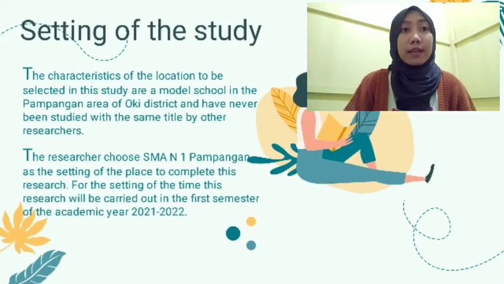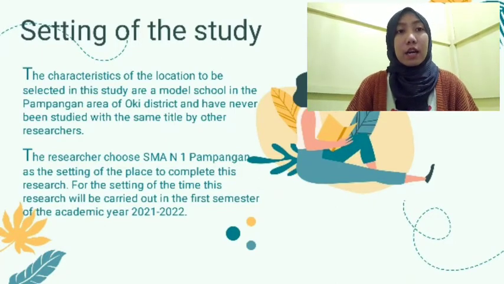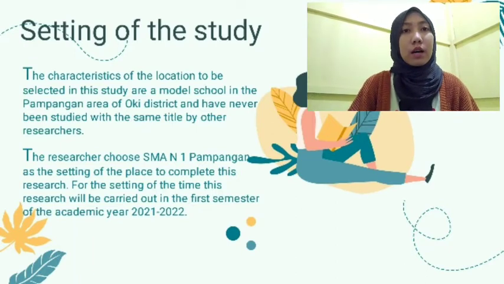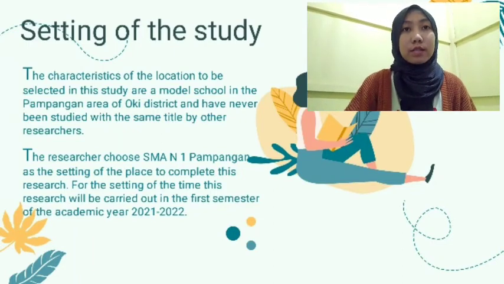Next is the setting of the study. The characteristics of the location to be selected in the study are a model school in the Pampangan area of Oki district, and one that has never been studied with the same title by other researchers. So I choose SMA N1 Pampangan as the setting of the place to complete this research, because they have those 2 characteristics.